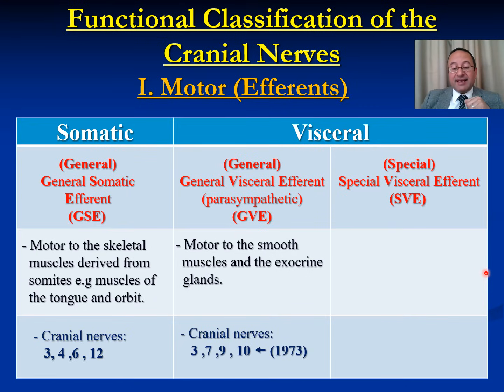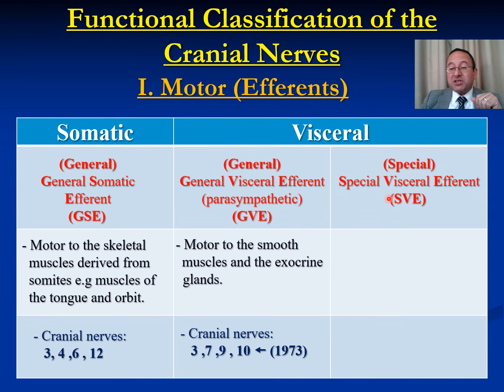They are present in number 3, oculomotor, 7, facial, 9, glossopharyngeal, and 10, vagus. If you read them in the opposite direction, they form 1973. I think this number is very famous for all Egyptian people.